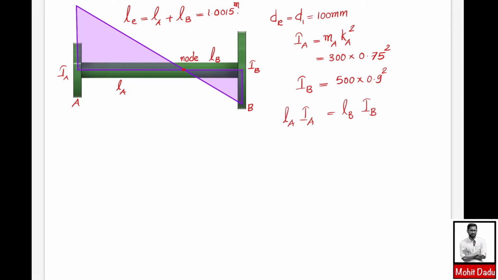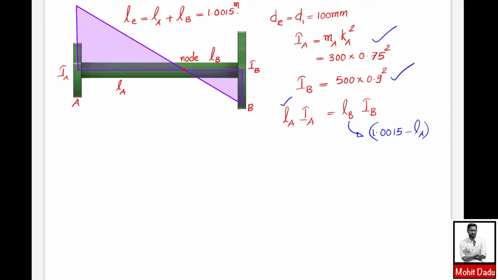So you have the values of IA here, IB here, and LA is here, but you can represent this LA plus LB as the equivalent length, that is 1.0015. So here you can keep this variable LA as such, and you can replace this LB by 1.0015 minus LA.